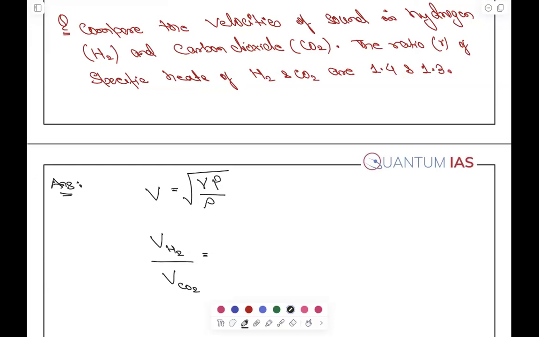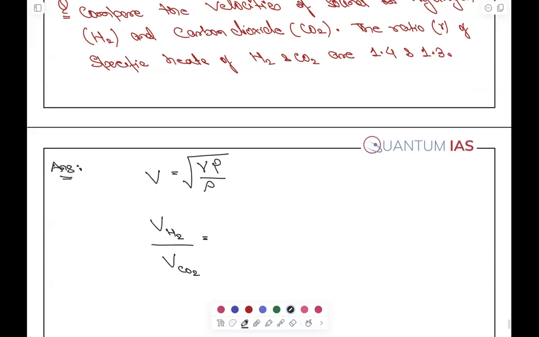Velocities of sound in hydrogen and carbon dioxide. Pressure will be same.